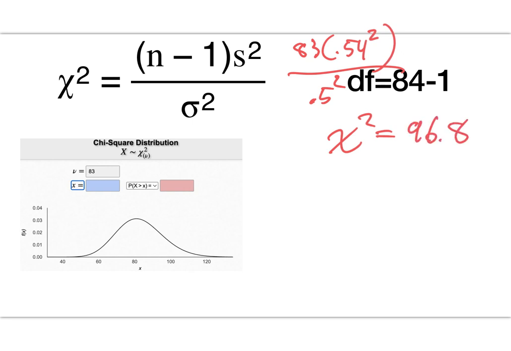That seems awfully huge. 83 times 0.54 squared divided by 0.5. Oh, yeah, it will be. Yep, 96.8. That is huge. But for 83 degrees of freedom, I'd put 96.8, which is not my next slide.